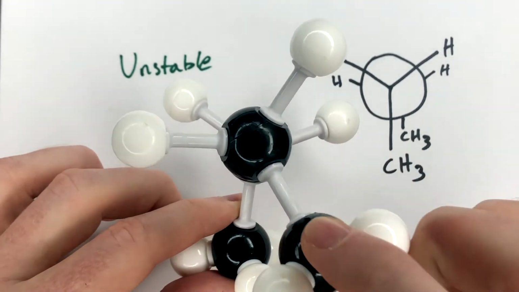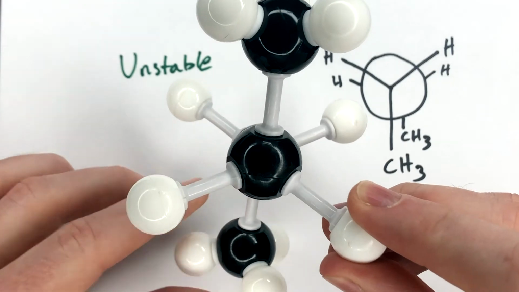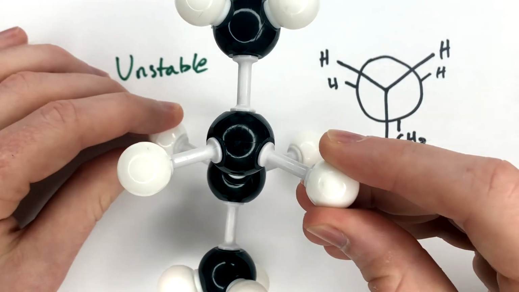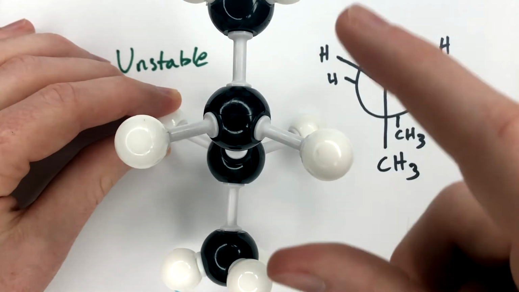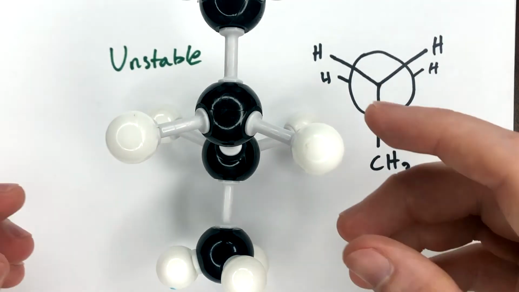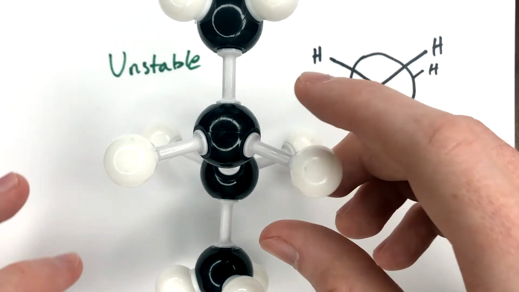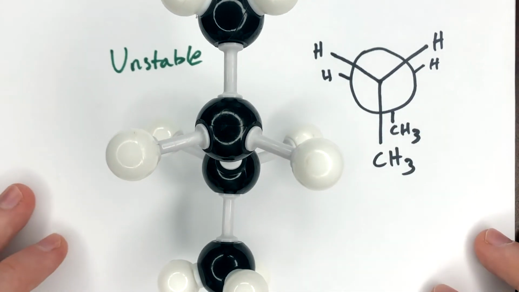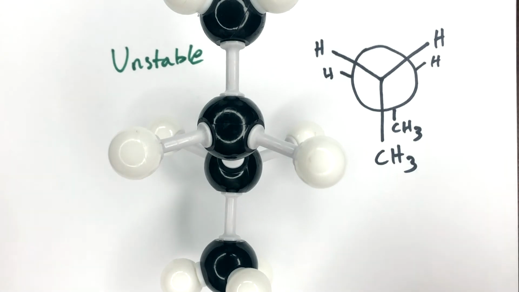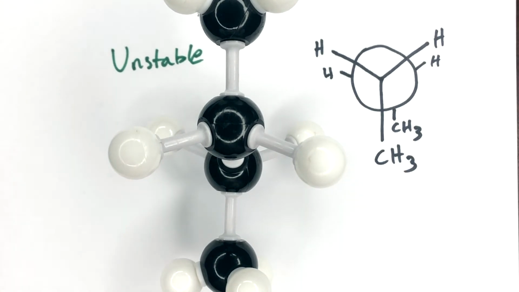So if you imagine that it rotates to here, we are now anti, right? This methyl group is now anti to this methyl group, and the hydrogens are simply gauche to each other. So this would be a far more stable conformation. So this is unstable, and that's our comment. If we were asked to draw this, you would have it such that the methyl groups are anti, and that would be far more stable than this eclipsed version.